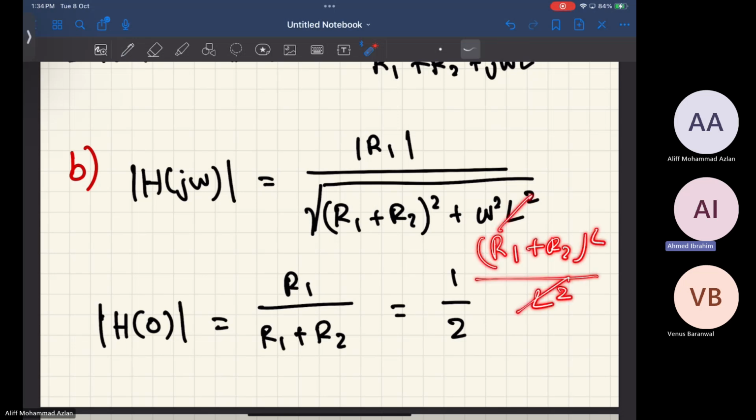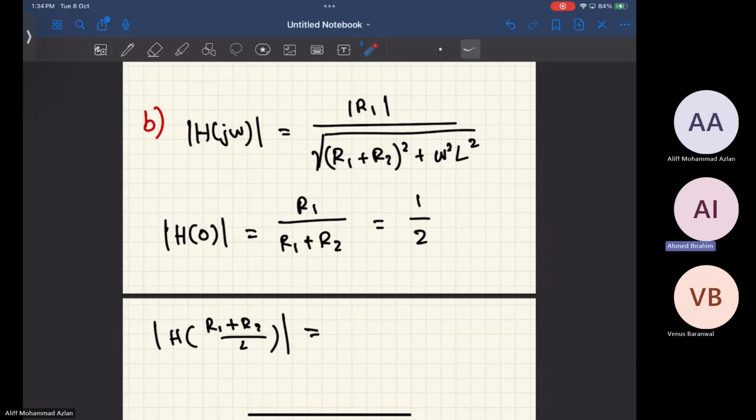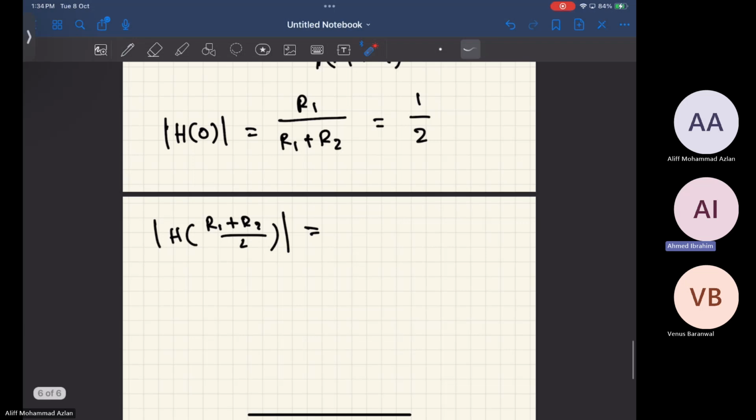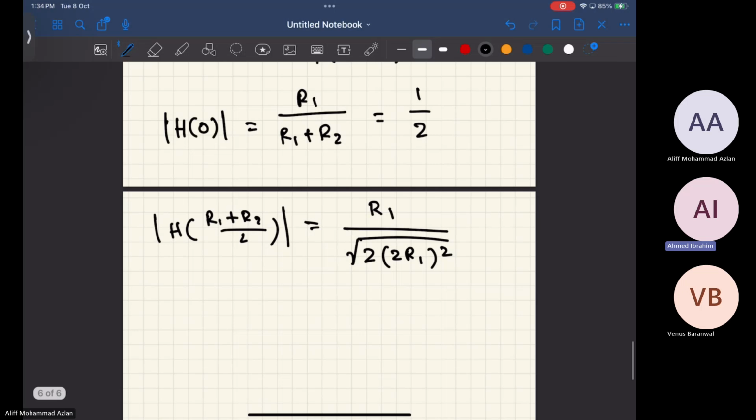So the L's are going to cancel. And then we're just going to combine the R1 plus R2 squared. So to do the algebra, that would give us R1 divided by the square root of 2 times 2 R1 squared, noting that R1 is equal to R2. And so you can see the R1s are going to cancel, and that gives us 1 over 2 root 2.